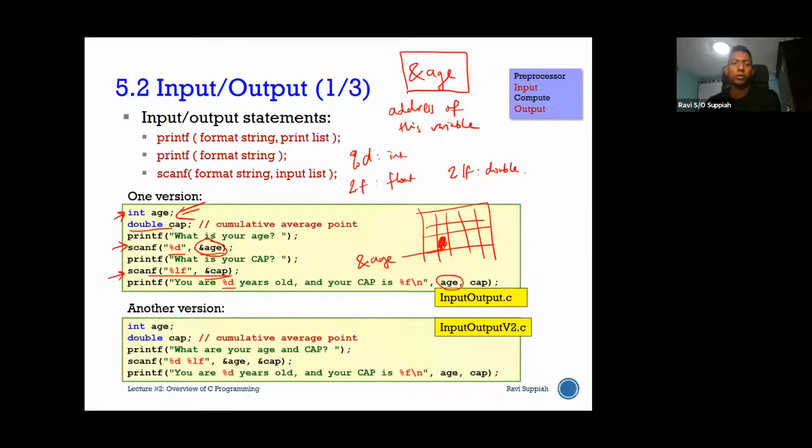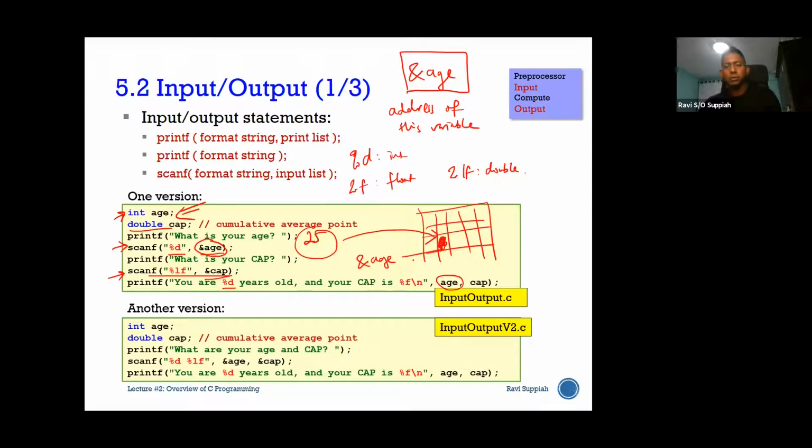So the address of this variable h is the location I'm going to put this information in. So if you key in your age as 25, then this data 25 will come into this memory location here. So that is what the ampersand h does.